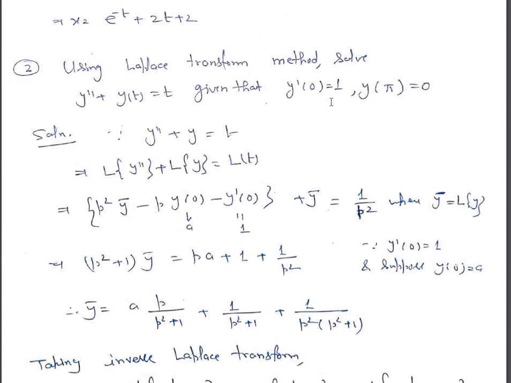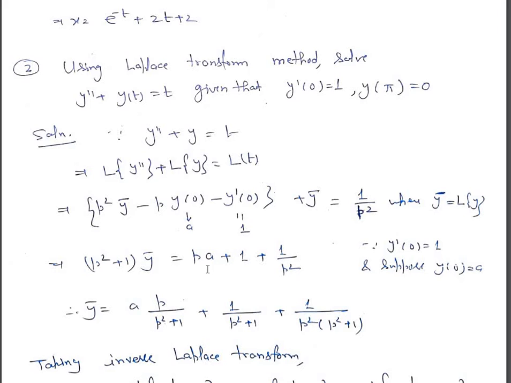Now we are given that y dash at 0 is equal to 1. So in place of y dash at 0 we'll put 1. We don't have the value of y at 0, so therefore suppose that y at 0 is equal to a. Later on we shall find out value of a using the condition y at pi is equal to 0. Okay, so take y bar common, we have p square plus 1 into y bar.